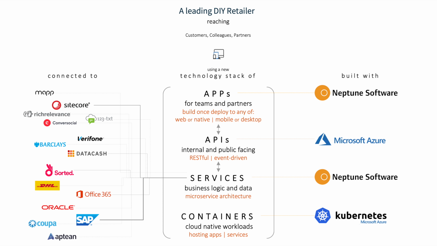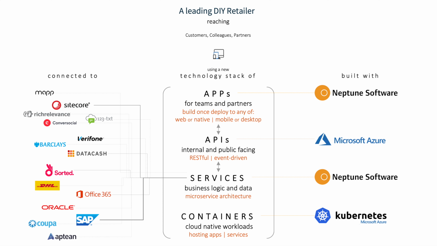Was able to connect their different backends and solutions that you have on the left-hand side with deliveries with DHL backend systems such as Oracle, SAP, etc., and connect to payment systems, conversational interfaces, etc. Leveraging the ability for Neptune DX platform to be containerized, and in this case, they're running on a Kubernetes cluster on Microsoft Azure, in order to be able to handle native cloud workloads.